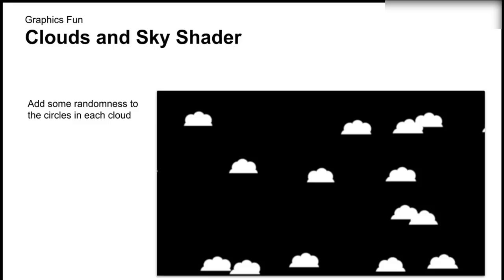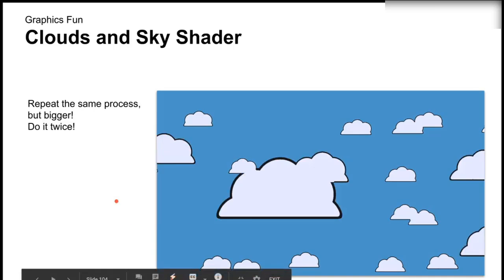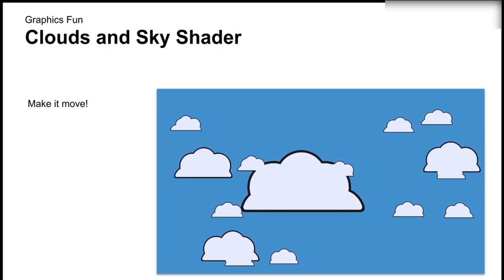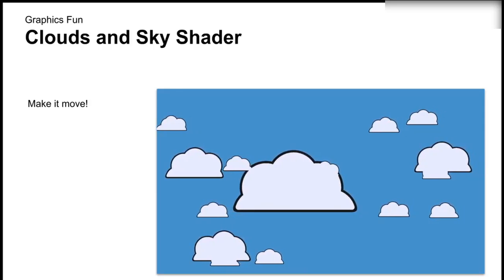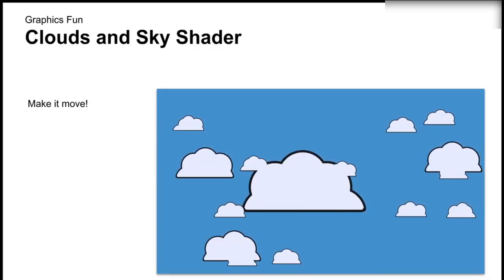And now the clouds have a little bit of variation, which is nice. Throw in some color and use that blurred edge to allow yourself an outline, and then repeat that process a couple of times. And every time you repeat the whole thing, make your space bigger so the clouds get bigger, and then make it move. Just animate your UV space on the X, and now you've got these nice scrolling clouds.